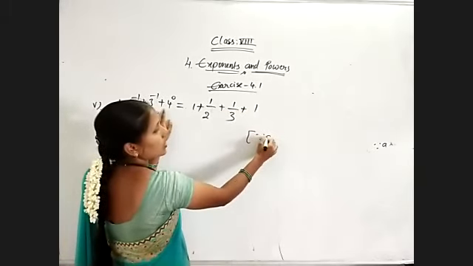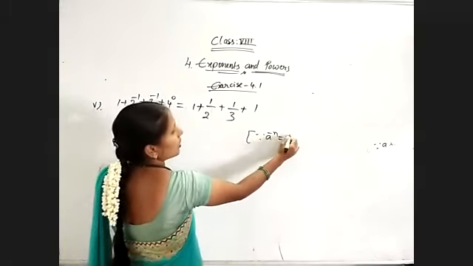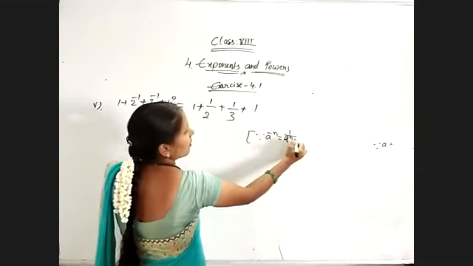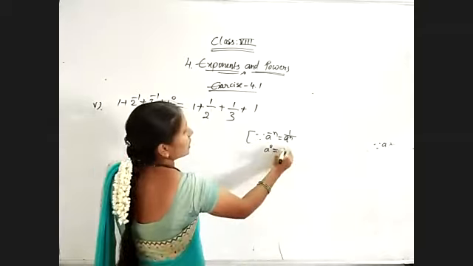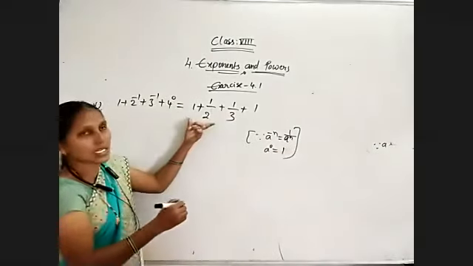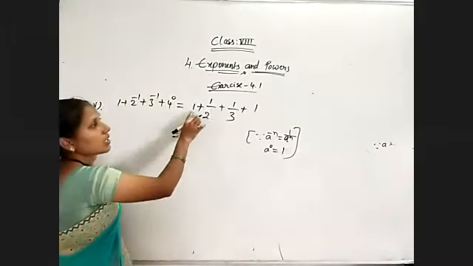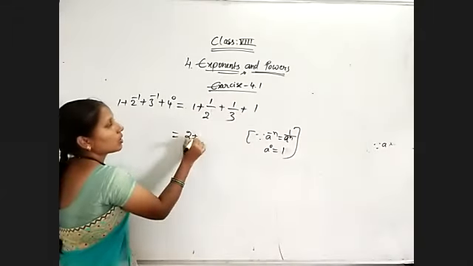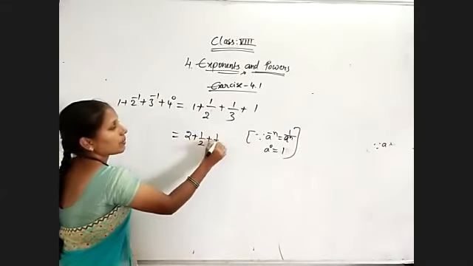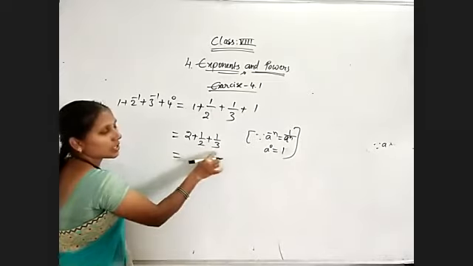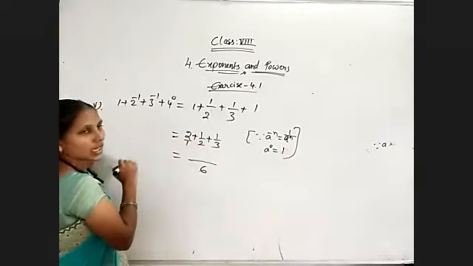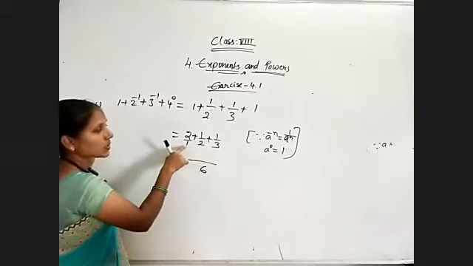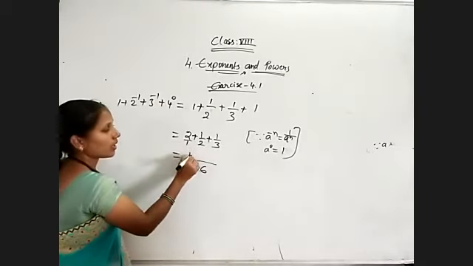So here we have used a power minus n is equal to 1 by a to the power of n, and a power 0 is equal to 1. These two formulas we have used in this expression. Now simplify this. 1 plus 1 is equal to 2. 2 plus 1 by 2 plus 1 by 3. So LCM will be 2 3s are 6. Now here 2 is nothing but 2 by 1. So 6 1s are 6, 6 2s are 12.